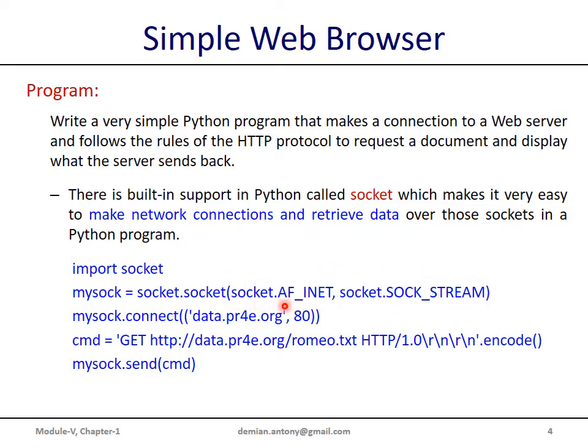The first one is socket.AF_INET. This represents the address family of a socket. That means it says what type of combination of address is allowed for communication. In this program, we are going to use a pair of values.